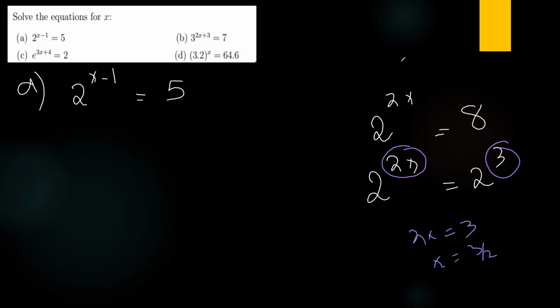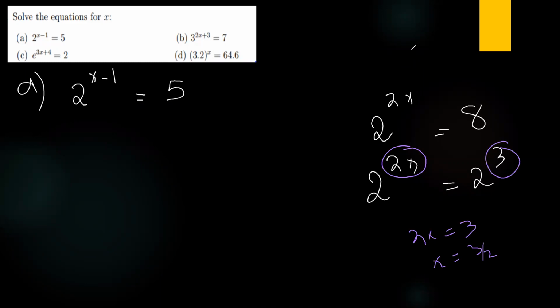Here now, you cannot make 5 to be 2 or 2 to be 5. So what do we have to do here? Who can tell me? Use the logarithm. Yeah, the logarithm, exactly.